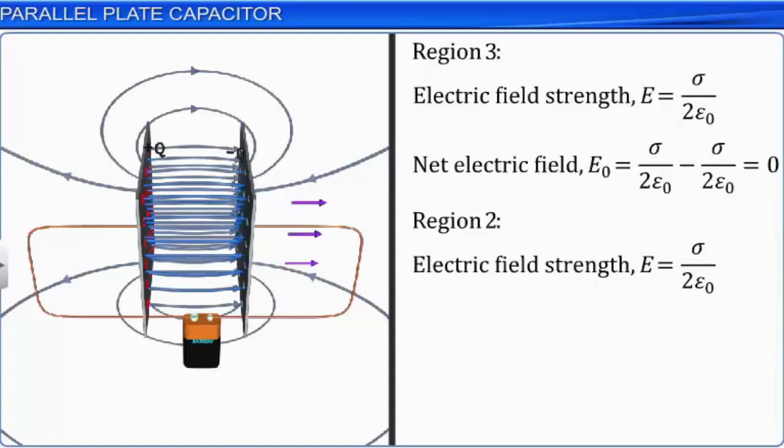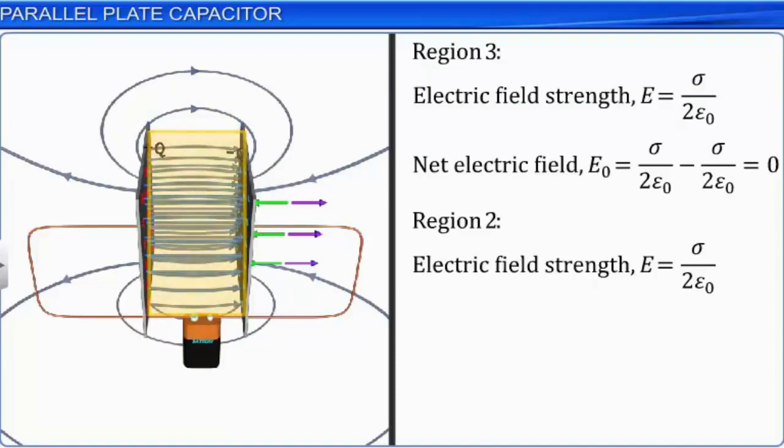We also see that due to the negative plate of the capacitor, the electric field strength E is equal to sigma by 2 epsilon naught, and directed towards the negative plate and towards the right. Region 2, which is in between the plates, has two electric fields of equal magnitude, sigma by 2 epsilon naught, which are both pointing towards the right.